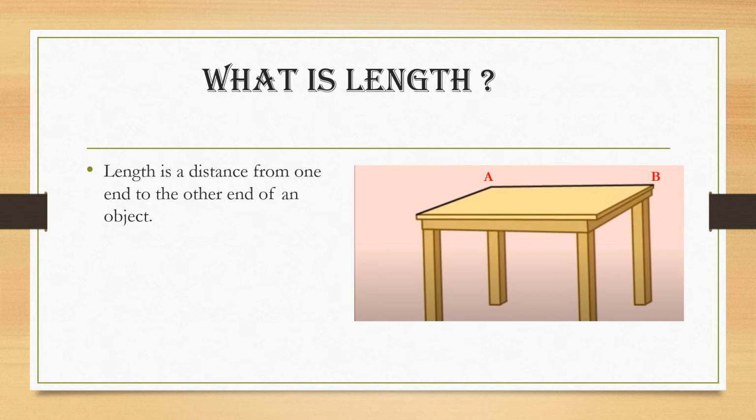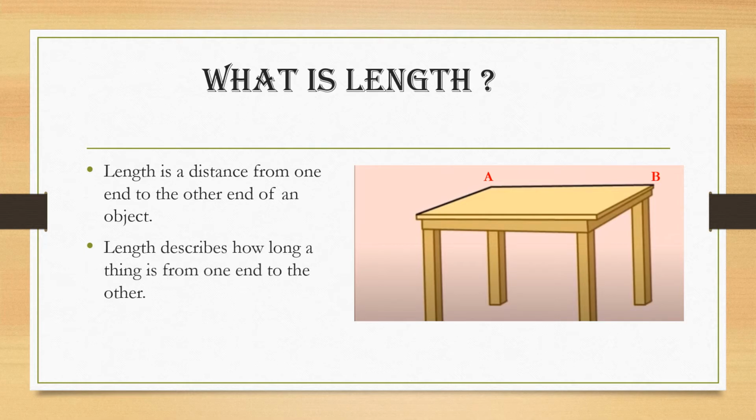So, length is a distance from one end to the other end of an object, and we can also say that it describes how long a thing is from one end to the other end. So, when we say the length of this table, we will measure the length between the points A and B.